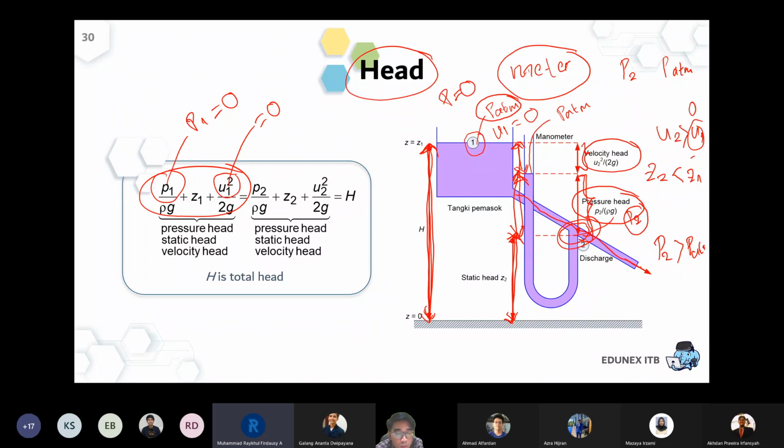That's why at point 2, since you have kinetic head, you have static head, then you also have pressure head. Okay, until this point, do you have any question? I hope you can understand what I explained.